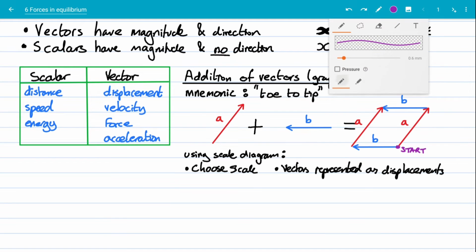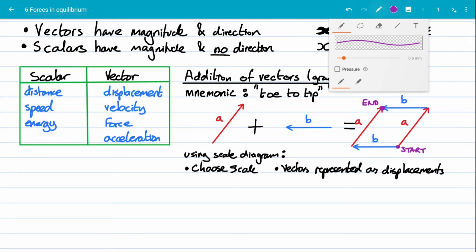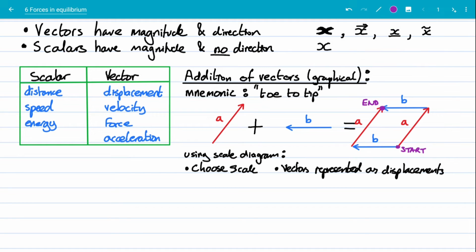And very often what I see is students will mess this up, and they will draw an arrow going across here somewhere, and that doesn't make any sense, none at all. We started at the lower right, we're ending in the upper left, so let's just put end up here, E, N, D.